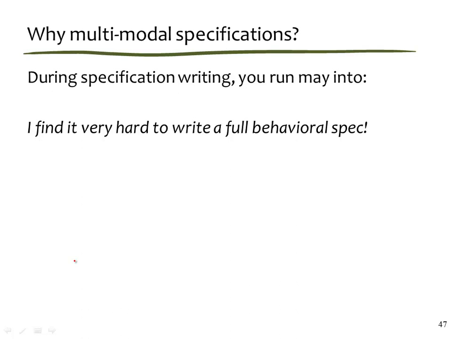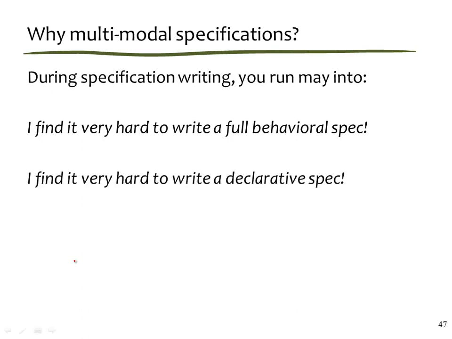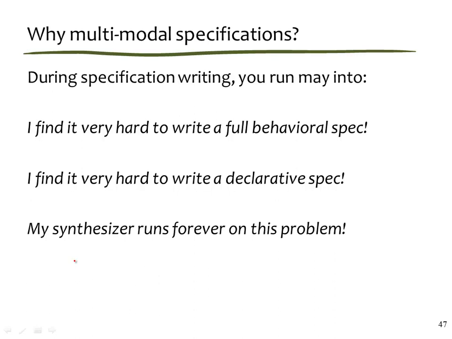Perhaps writing the spec is as hard as writing an optimal, fast program. So how do we deal with that? Another one might be, you find it really hard to write a relational spec because getting the quantifiers right might be a pain. Okay? And also, declarative specs may not be so easy to test by running, so you cannot debug them as easily. And perhaps another one is my synthesizer runs forever, so scalability is a problem. And all of these can be addressed by using the right specification.